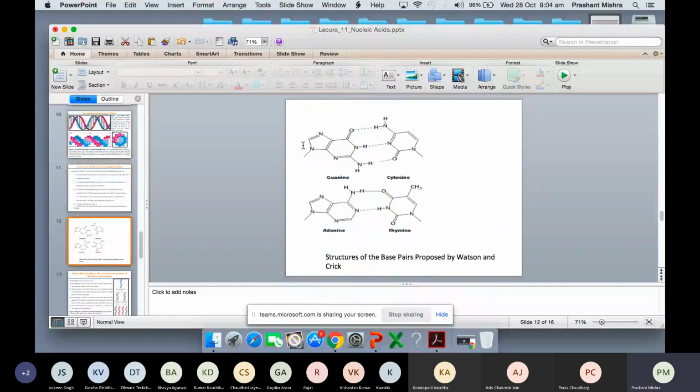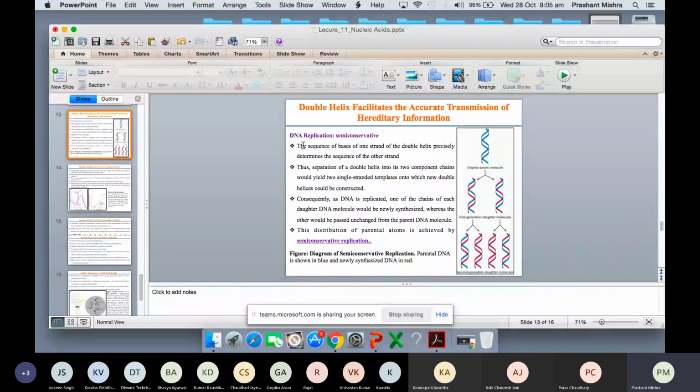We have also discussed that there is a specific pairing of the bases in DNA, and the logic why they are paired we have discussed. One thing is that you always have to accommodate within a particular diameter, and another you have learned about the hydrogen bonding.